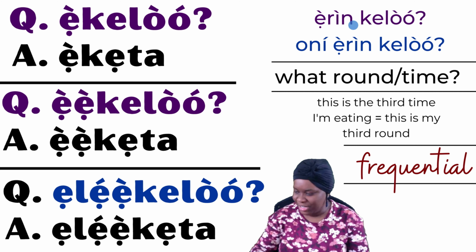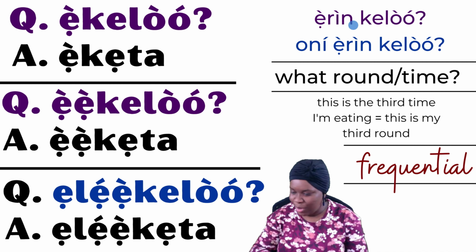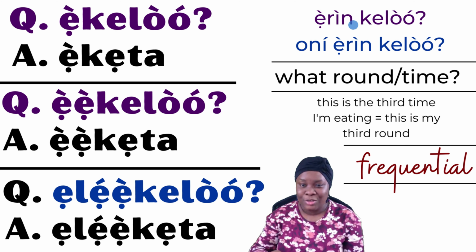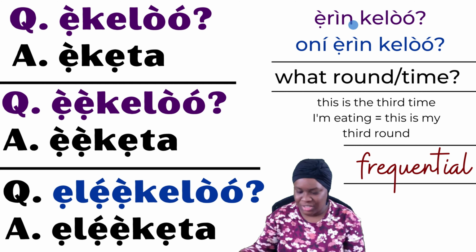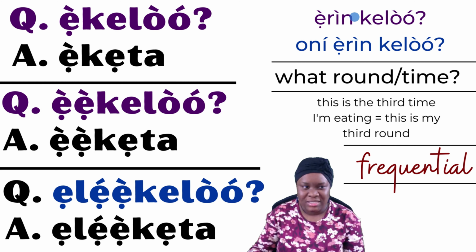I don't want to say go because that's different in the English language, but a walk, a go in quotes, what round, the first time, the second time, the third time, what round or time is this? Erekelo is what ekelo is. Erekelo, ekelo. It's the combination of erekelo, ekelo.